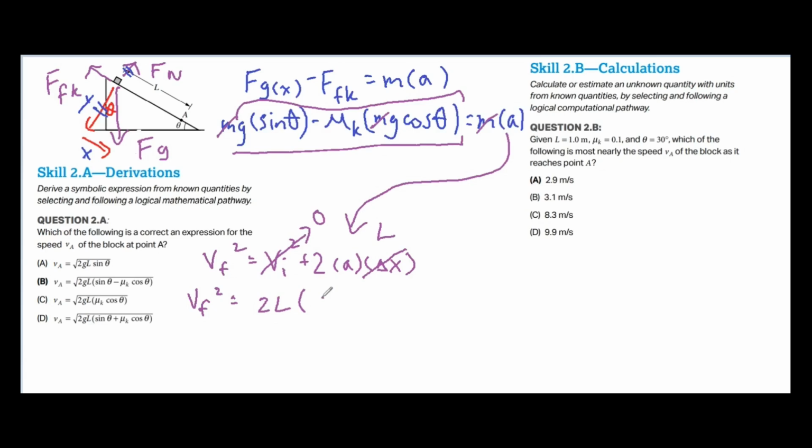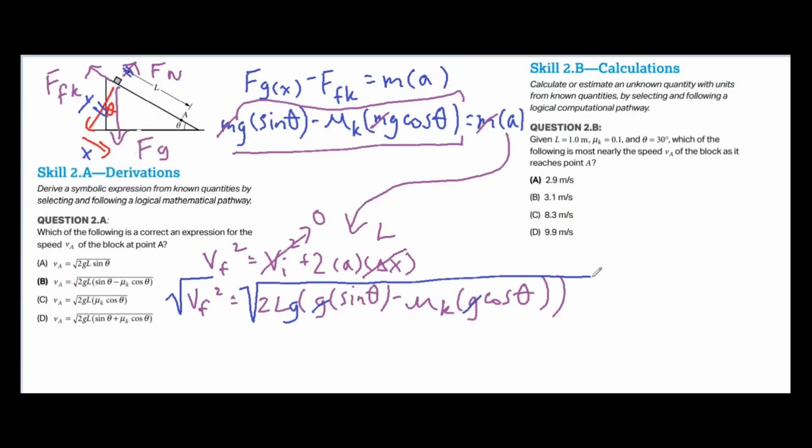So this will be g sine theta minus mu k g cosine theta. Okay, and we can do a couple more things here. We have a g in both of these, so the g can be pulled out and then placed over here. And then we're going to square root both sides to find the velocity.